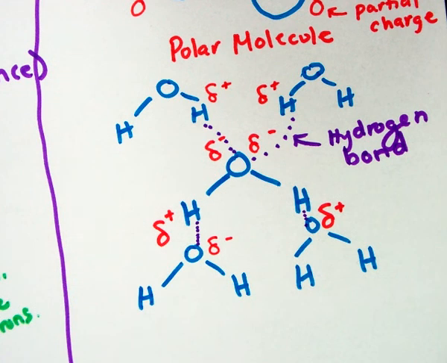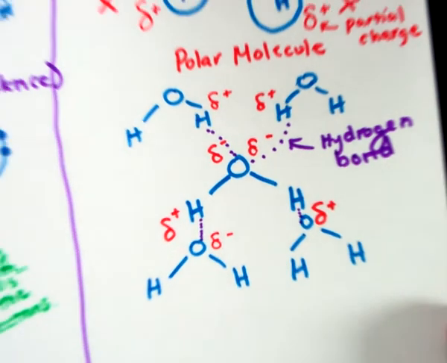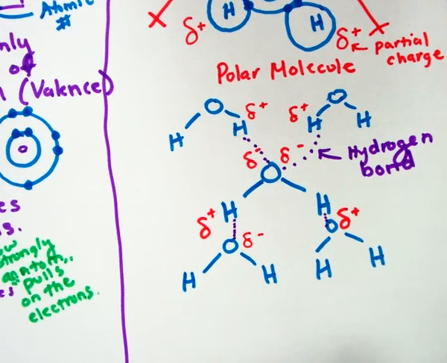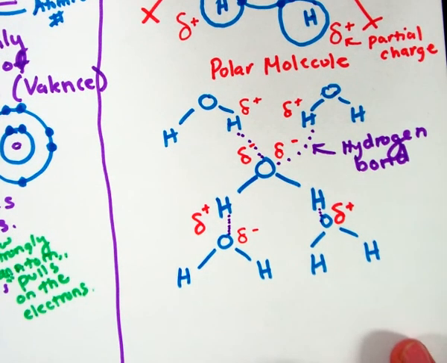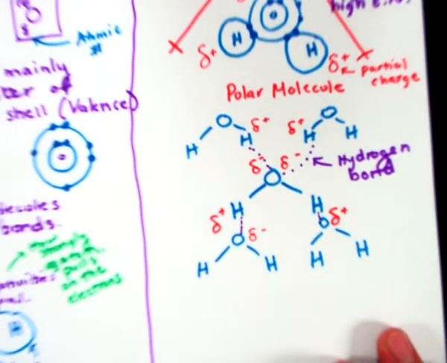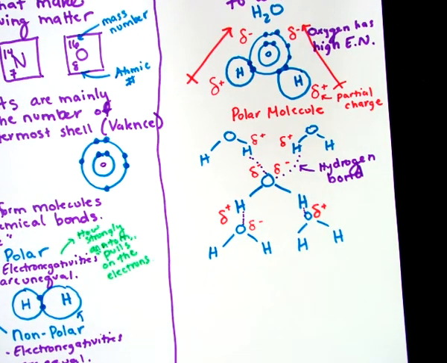This is not a covalent bond. This is a hydrogen bond just between the partial charges. All right. And this is the core of why cohesion, adhesion, surface tension, which you're going to read about tonight, all comes down to this hydrogen bond forming.